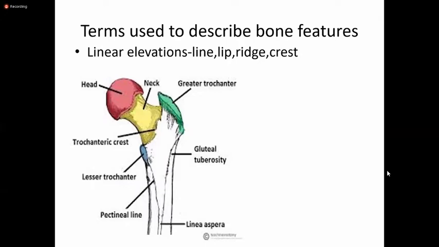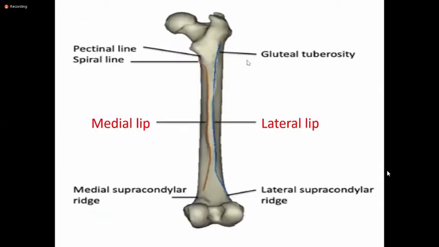The markings may be either a simple line, this is the pectineal line, or it may be a ridge. You can see here on the posterior surface of the femur there is a ridge called linea aspera. This ridge is more elevated from the surface. So you have two more lines or lips which are bordering the ridge.